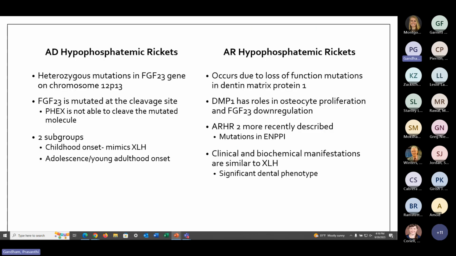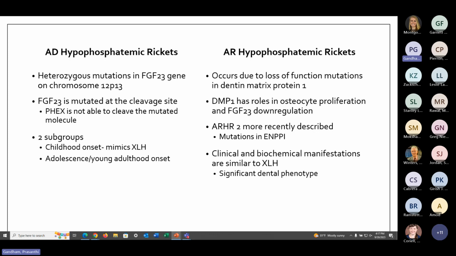Let's move on to talking about autosomal dominant and autosomal recessive forms of hypophosphatemic rickets. In autosomal dominant hypophosphatemic rickets, there's a heterozygous mutation in the FGF23 gene, which is located on chromosome 12p13. The FGF23 molecule is mutated at the cleavage site, and because of this, PHEX is not able to cleave the mutated molecule, and you have higher concentrations of intact FGF23 in circulation.